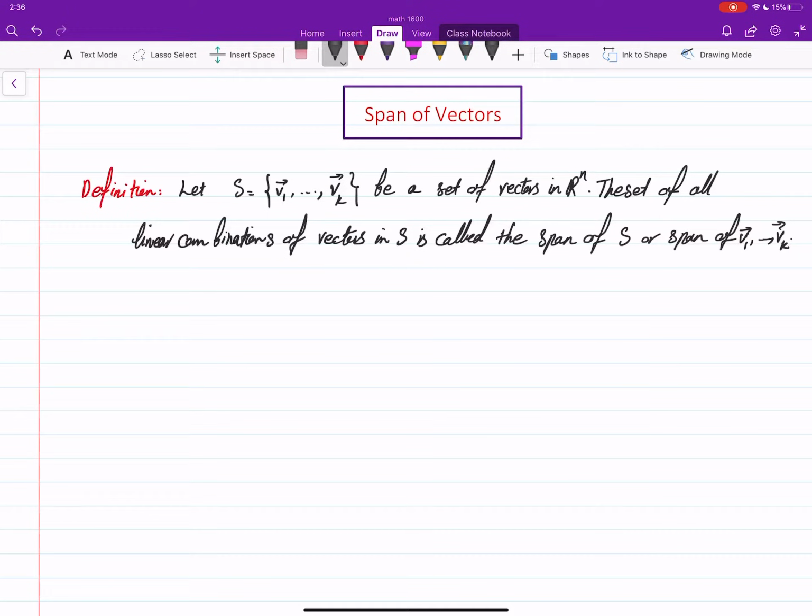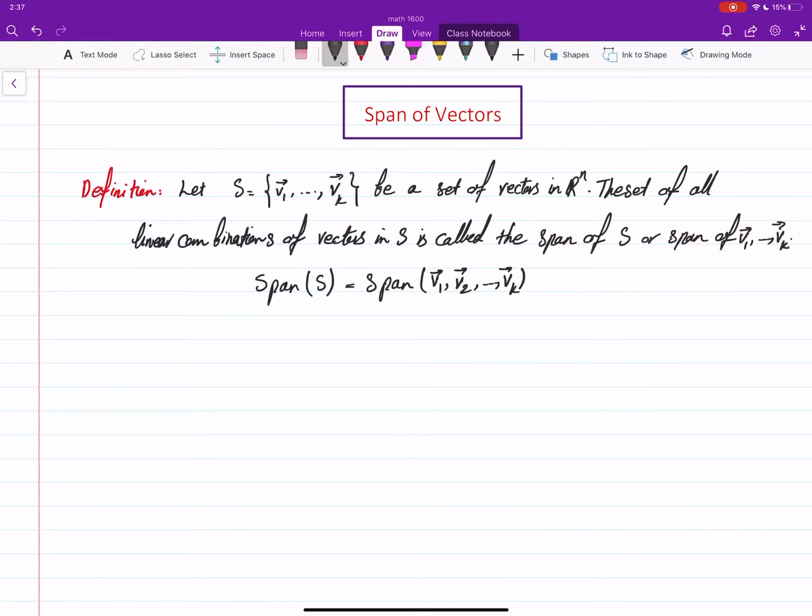And the way we denote it is either span of S, or span of V1, V2 up to Vk.